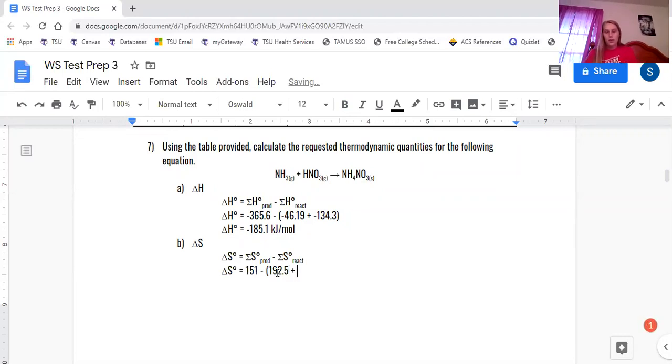And then we're going to add the HNO3's S value, and that's going to be 266.4. Okay, so whenever you do the math on that, what do you come up with?